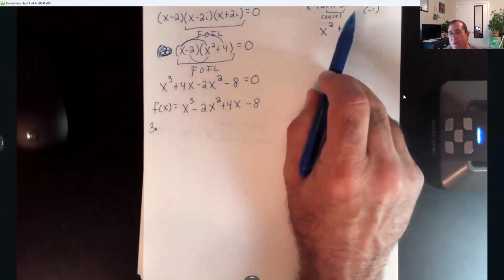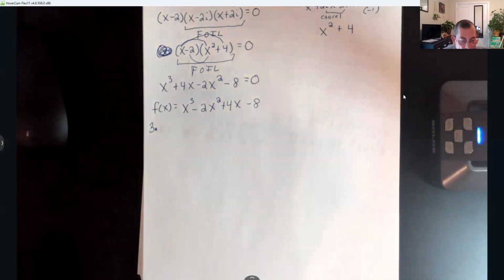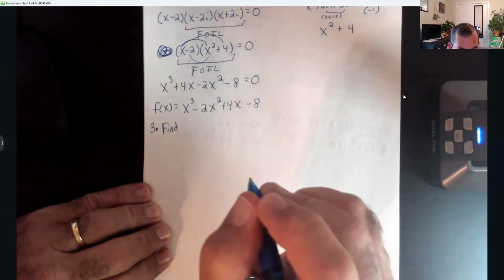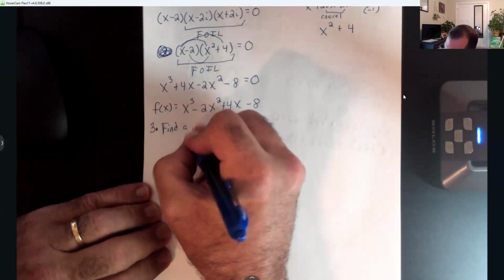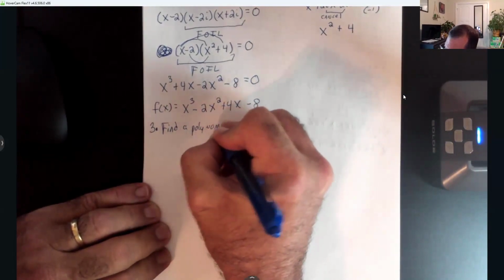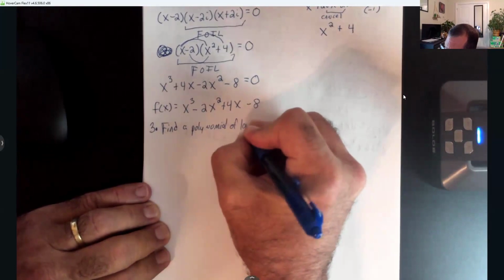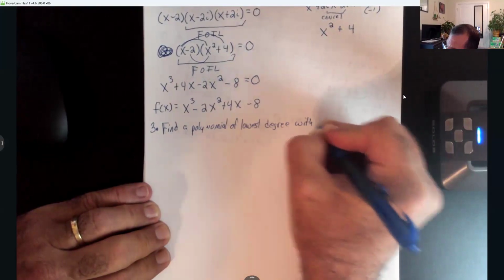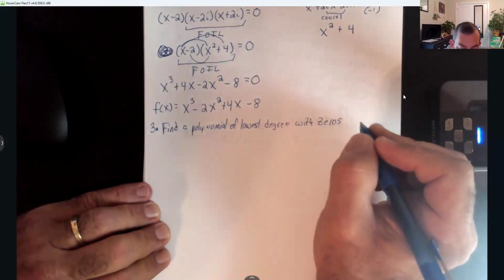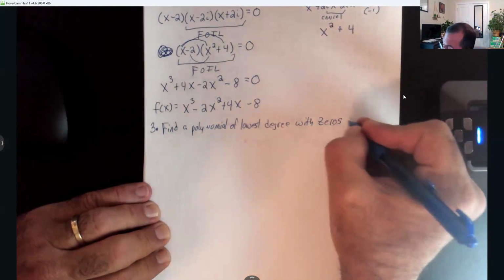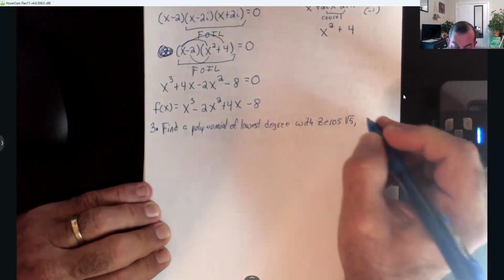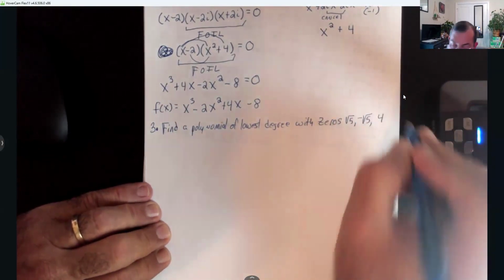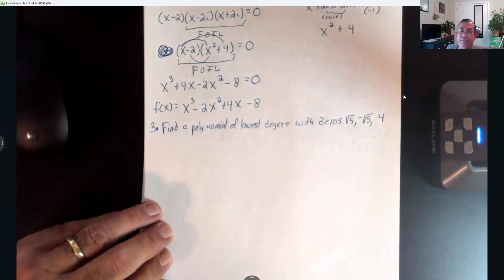So I've got to play with y'all on imaginary stuff. How about something like this one? Find the polynomial of lowest degree with zeros, square root of 5, negative square root of 5, and 4.